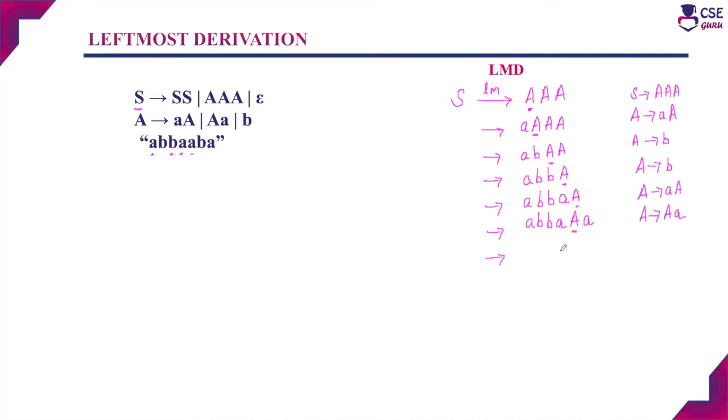Next, only one non-terminal symbol is there, and we have derived the string a a b b a. At last we need to get ab, so A derives a.